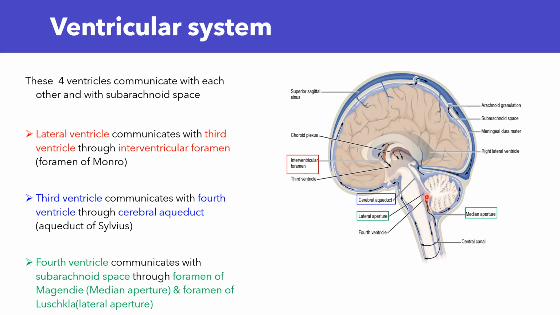From the fourth ventricle, it communicates to the central canal of the spinal cord and into the subarachnoid space through the median aperture and the lateral apertures. The median aperture is also known as the foramen of Magendie, and the lateral apertures are also known as the foramina of Luschka.